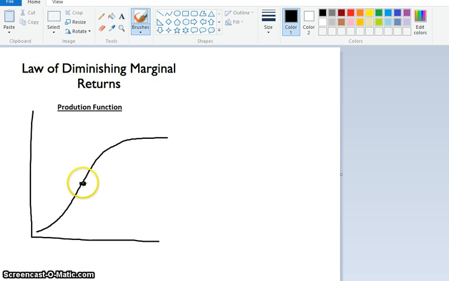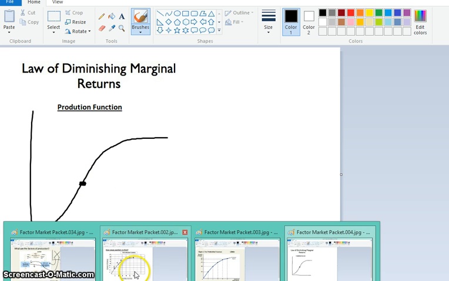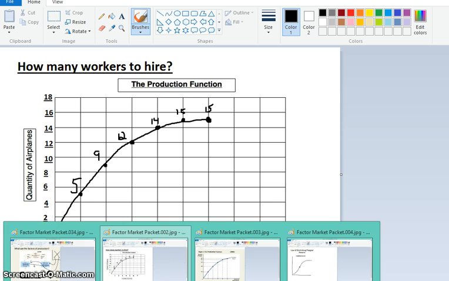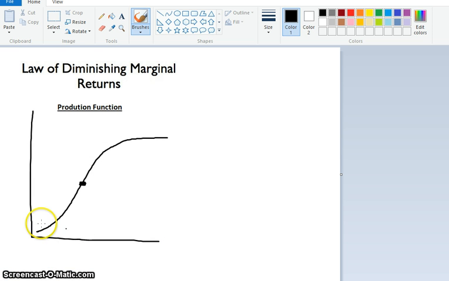So you'll notice if you took it from this dot upwards, it looks like the one that I did here. So yes, it could increase initially, but then it's going to get to some point like this, where we see the extra output that comes from another worker or buying another machine start to diminish.